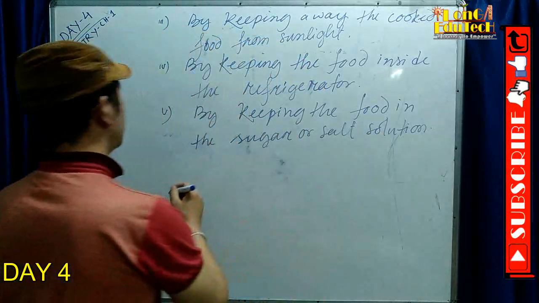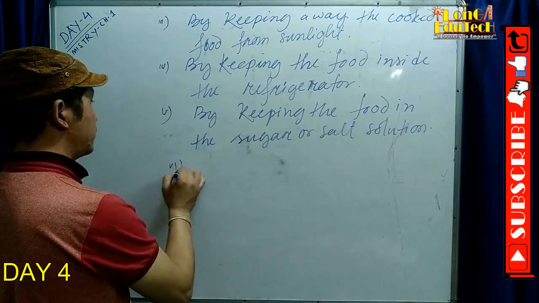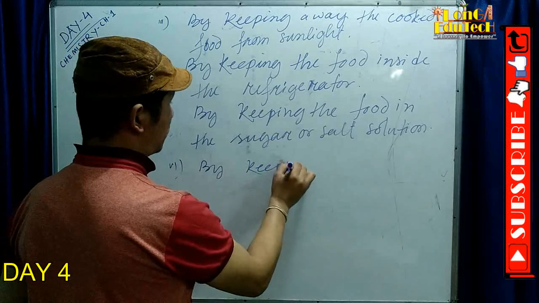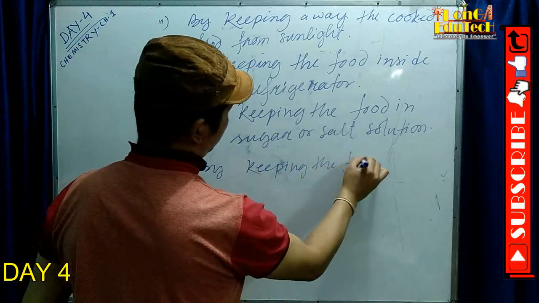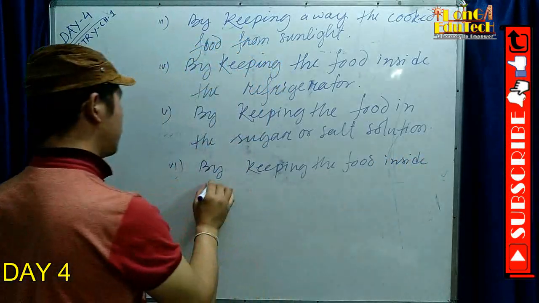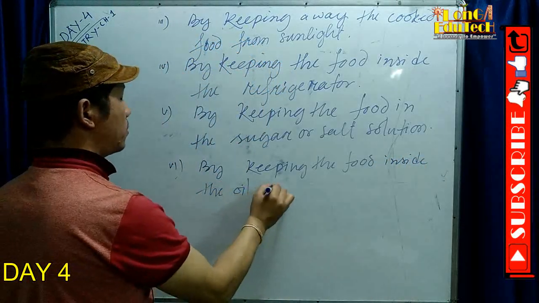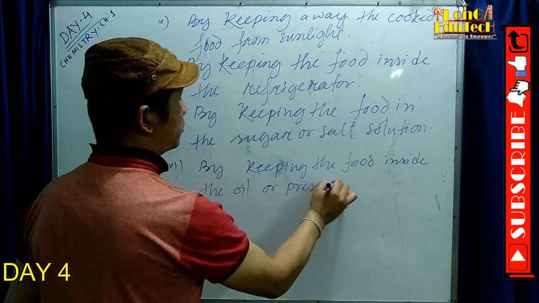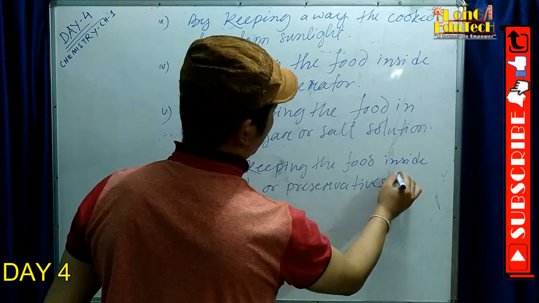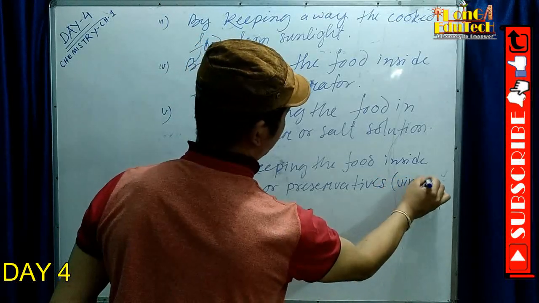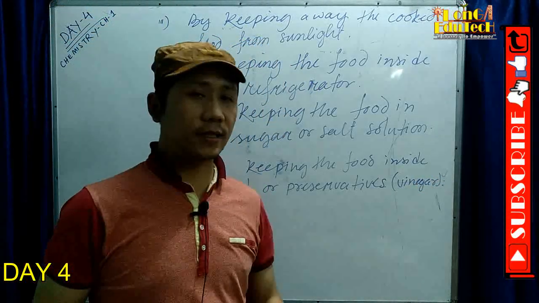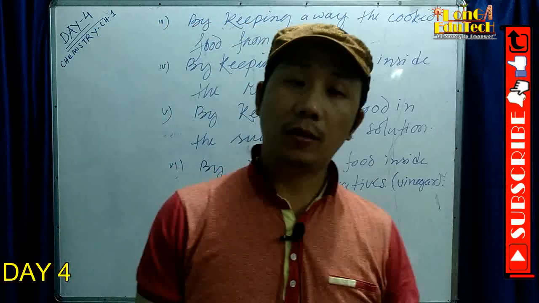Or also we can say number 6, by keeping the food in preservatives, like vinegar. So by keeping the food in all those things, we can prevent rancidity. All right, understand? So this is all about rancidity.